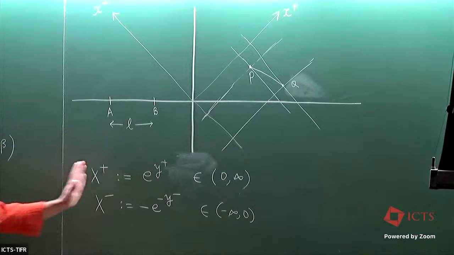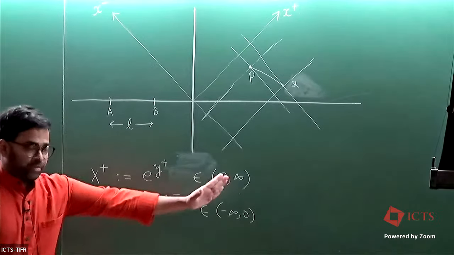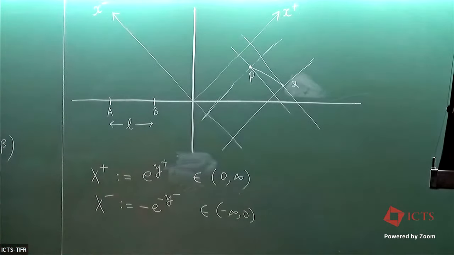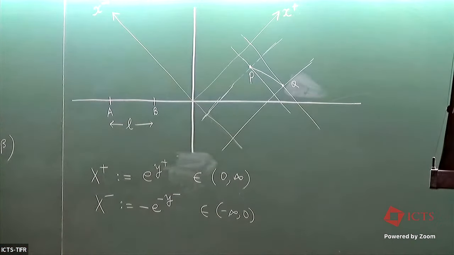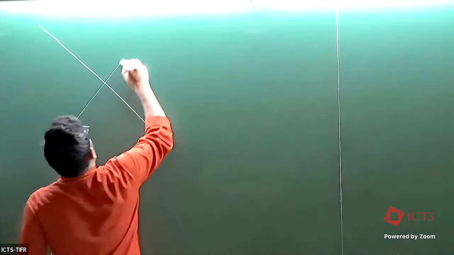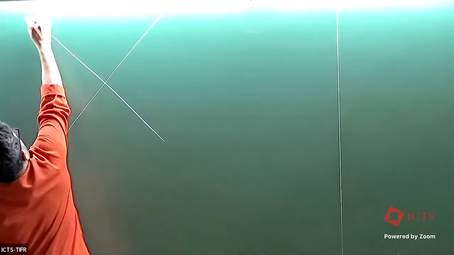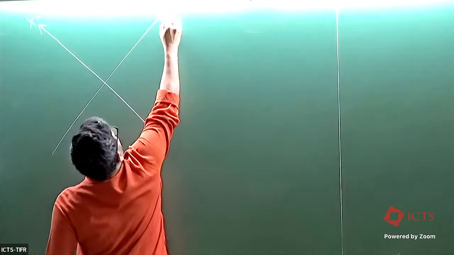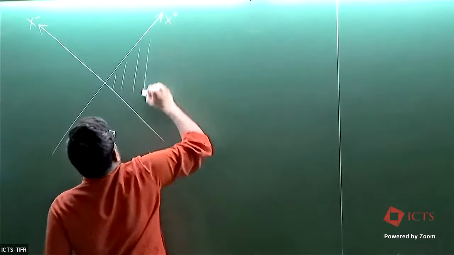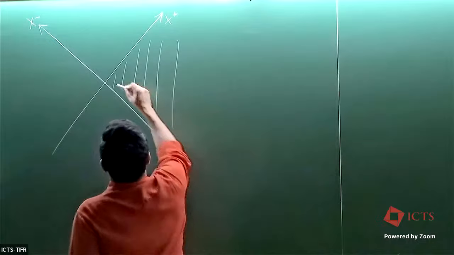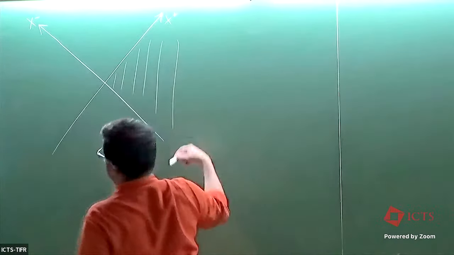So we have these half-sided half intervals. So let me draw a different figure now. What we have done is that in the x plus x minus plane, we have embedded all of the original space as just the right Rindler patch, right? X plus is positive and x minus is negative here.